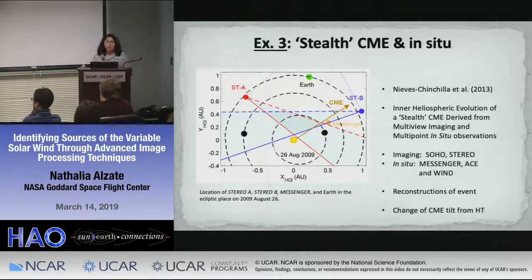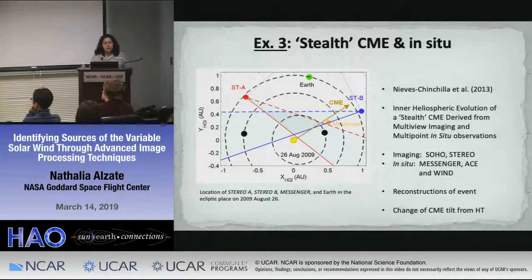Now, it's a lot more complicated than that. In two hours, we got through the first half of the paper, okay? But it's a very, very elegant paper because she really tries to understand the 3D-ness of the event, because if you notice in the figure, you have the different viewpoints.